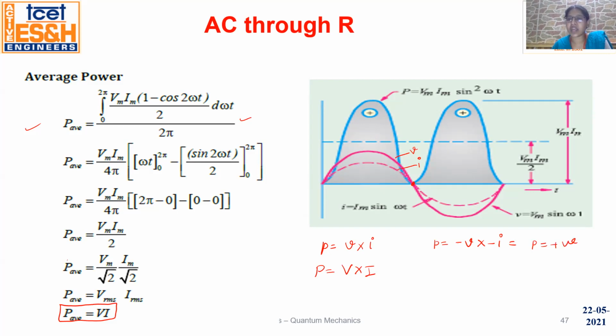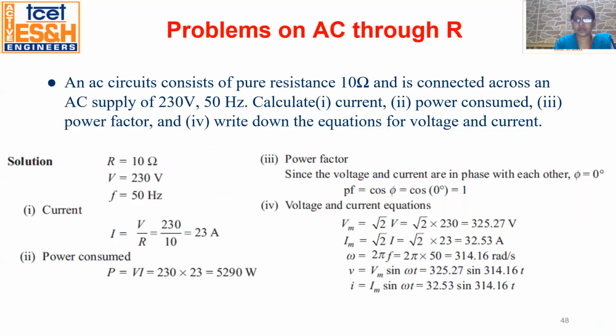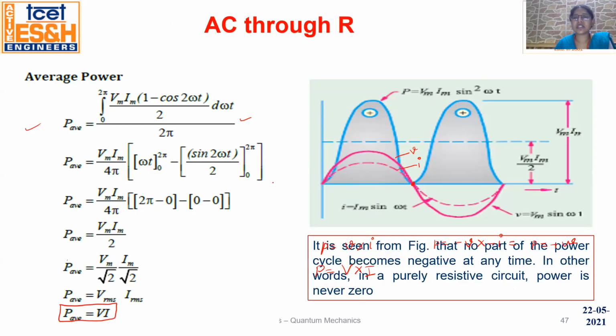So in the negative cycle, for both current and voltage, power is still positive. See, in both cases, power is positive. Clear? So at any time, power in a resistance is always positive. Okay.